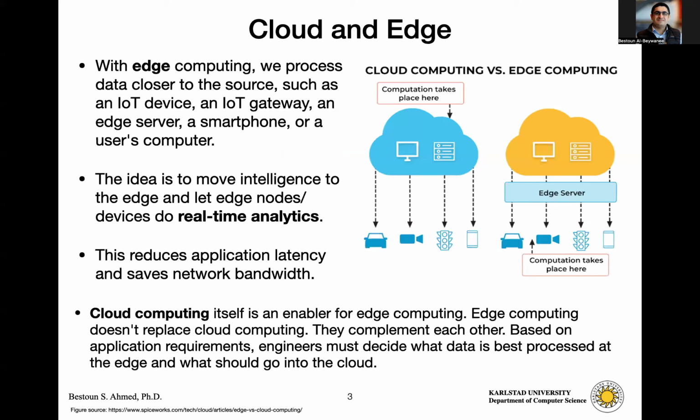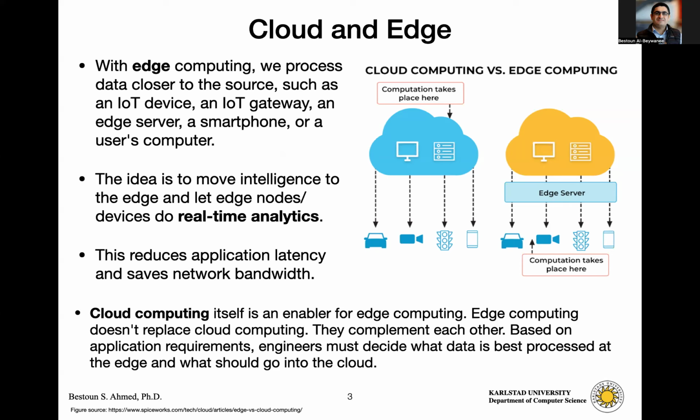So basically, this integration gives us opportunity for the cloud and edge. Cloud and edge, I'm sure many of you know this, but just to note that edge and cloud are complementing each other and they are not separated.